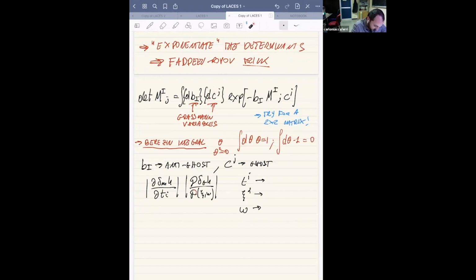Okay, so since these have different geometric meaning, this ghost will inherit the geometric structure of these objects, and so we can call them in some way. So, for example, this one we can call psi_i, this one we can call c^alpha, and this one we can call lambda. Notice that this one here is a function of my worldsheet coordinates.